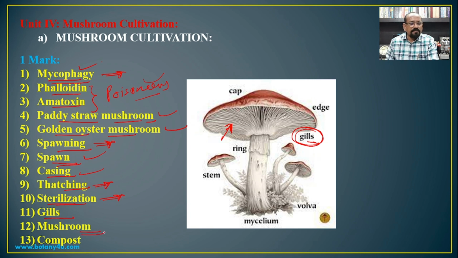Then simply, mushrooms are the different structures or the fruiting bodies of fungi and are used to provide food to human beings. Then compost is specially prepared from different organic materials for the growth or cultivation of button mushrooms.